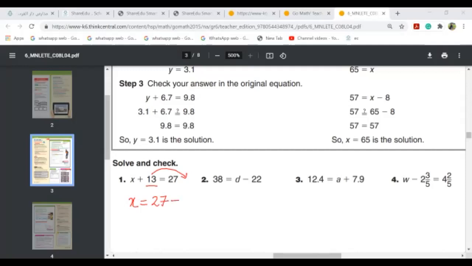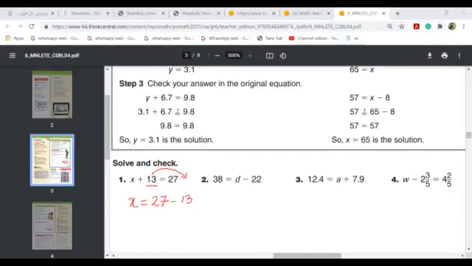Plus 13. There is one mistake here, Malak. I told you when plus goes to another side, it becomes... this is your mistake. I cannot write plus 13. 27, it goes to another side and becomes minus. It becomes minus.